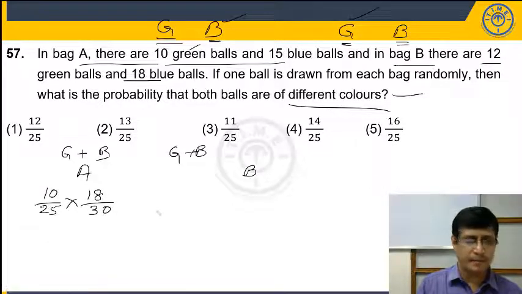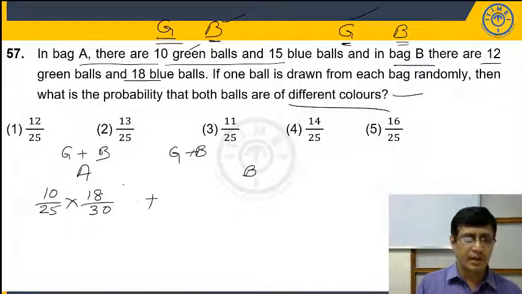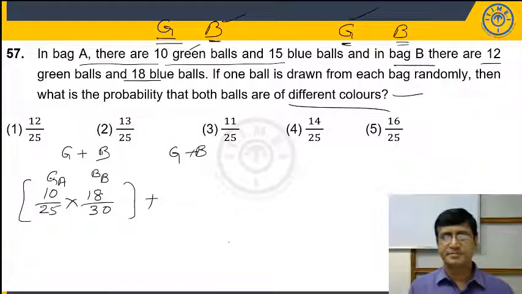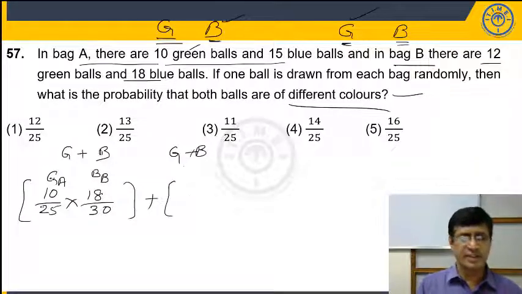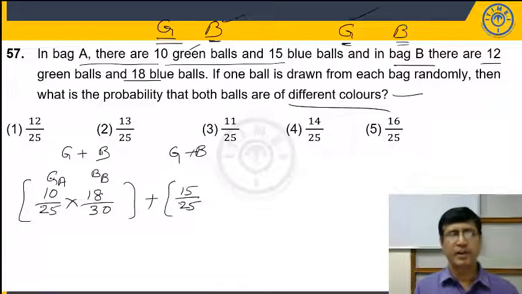Okay. Now this is from the A, the green from A, and let me write like this. Green from A and blue from B. Different color. And the other side, what is the other side? Now blue from A means 15 by total number, that is 25.